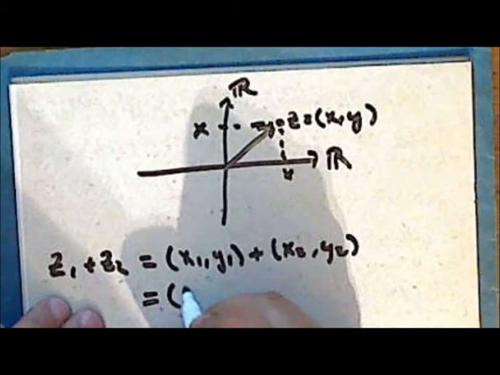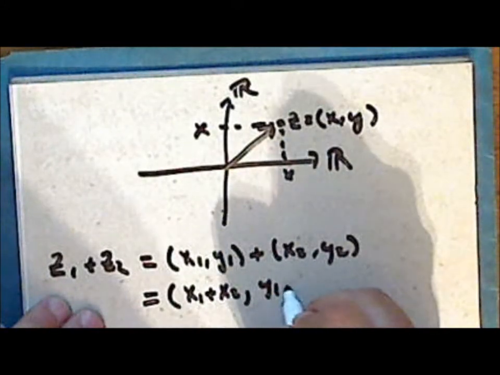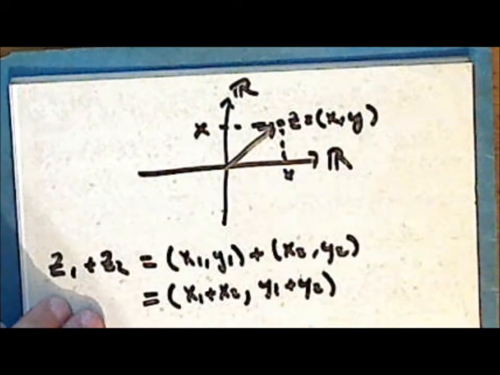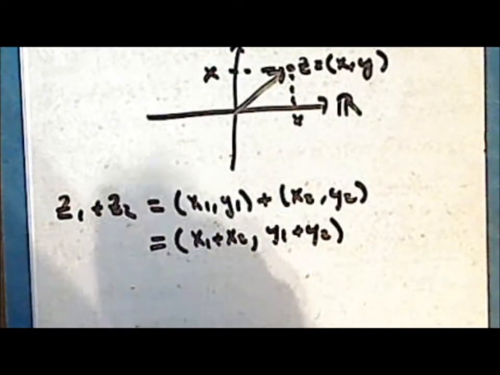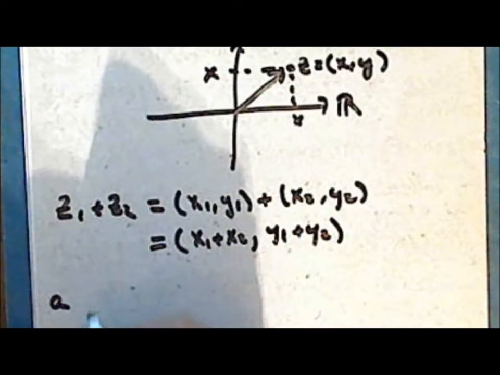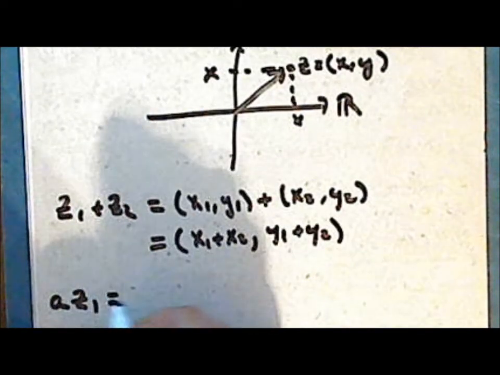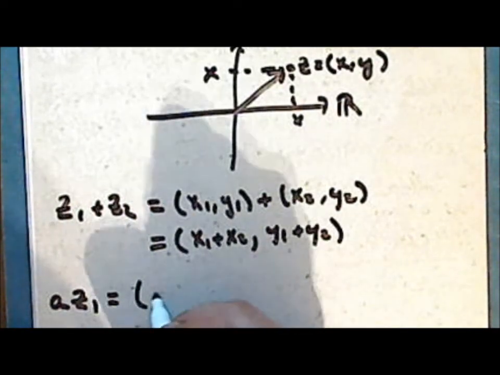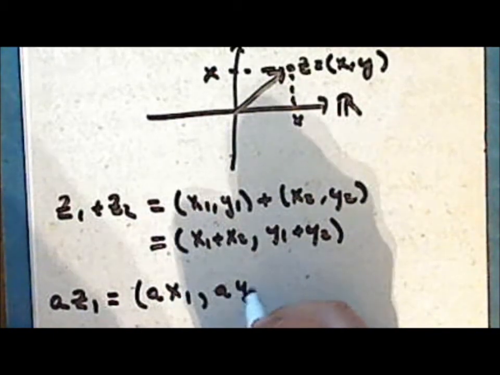And so this is the ordered pair x1 plus x2 and y1 plus y2. We can also take scalar multiples of a complex number, that scalar being a real number. a times the complex number z1 is the ordered pair a times x1, a times y1.